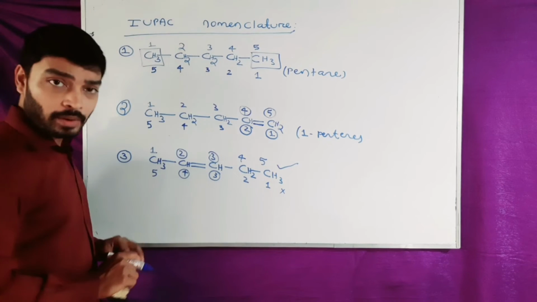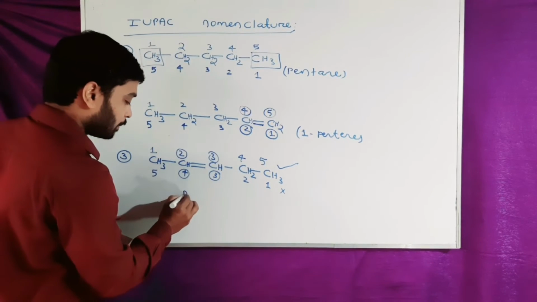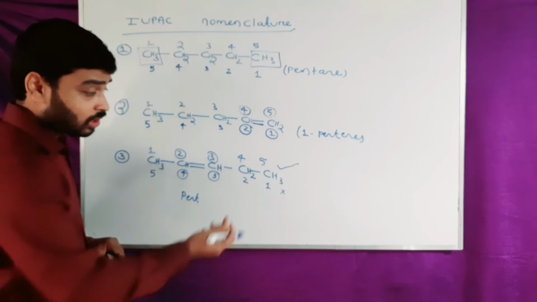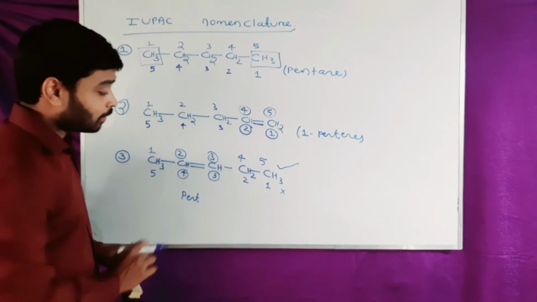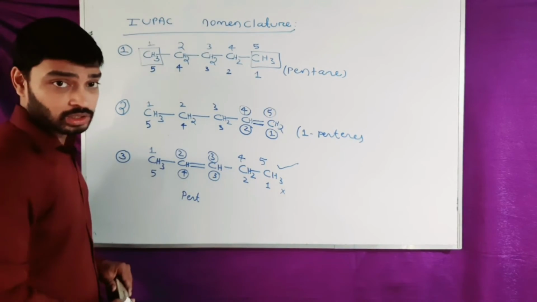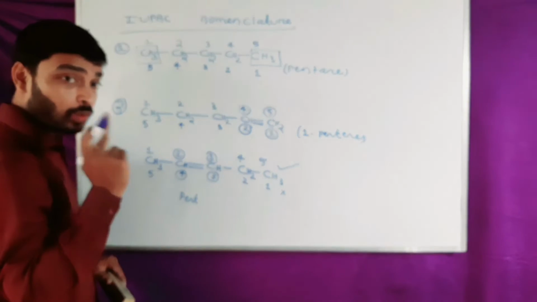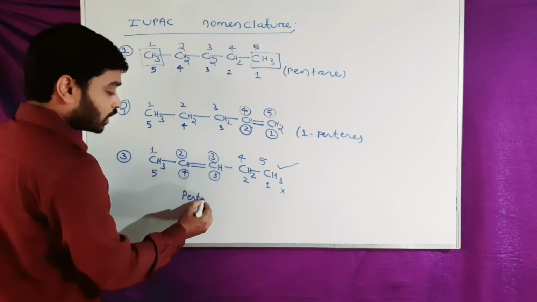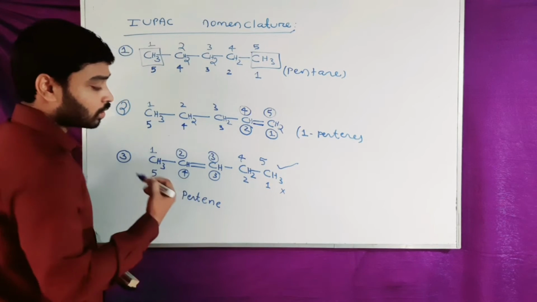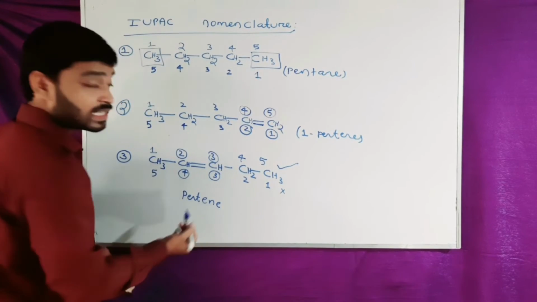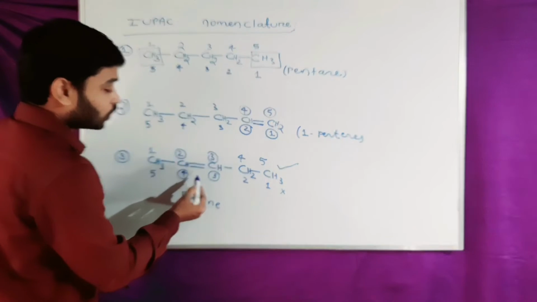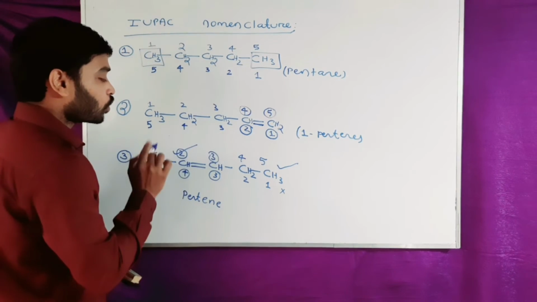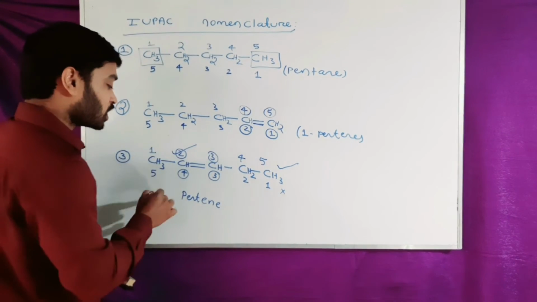So the name for the compound will be pent, because pent is the word root which expresses the total number of carbon, that is 5, and here 5 carbon are continuously bonded to each other. What will express the double bond? The double bond is expressed by the ending ene, and the proper locant for the double bond is 2, because the lower locant will be used to express the position of the double bond.